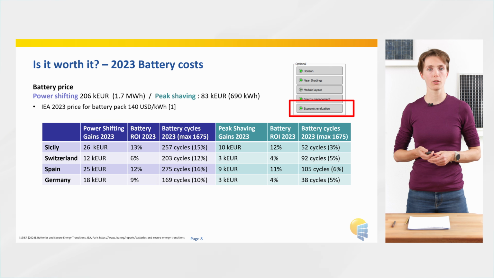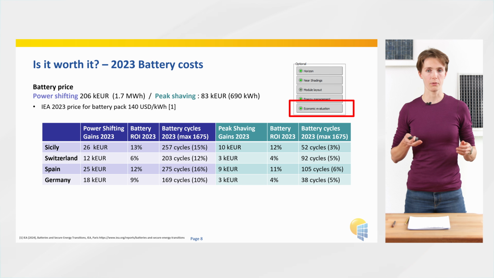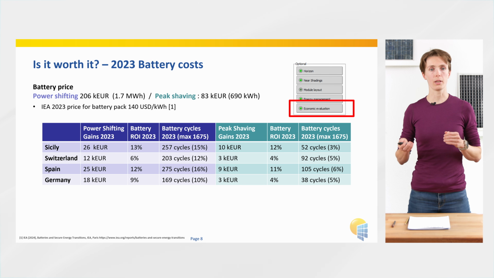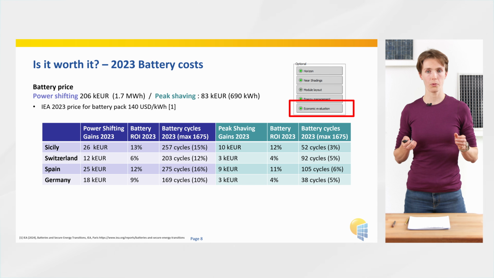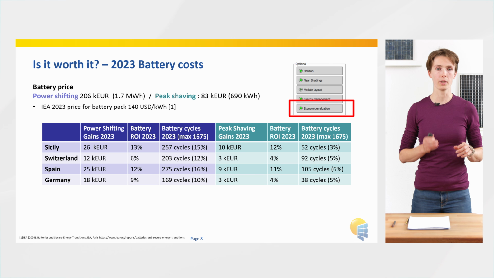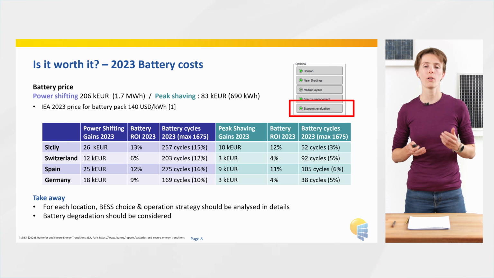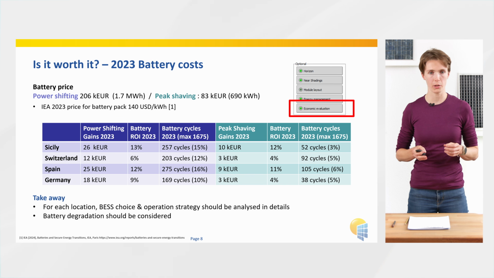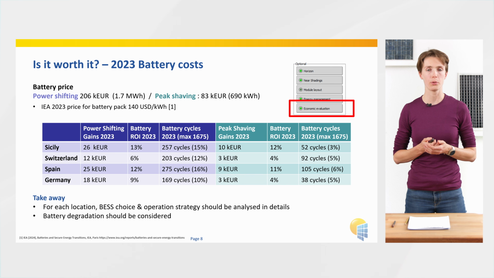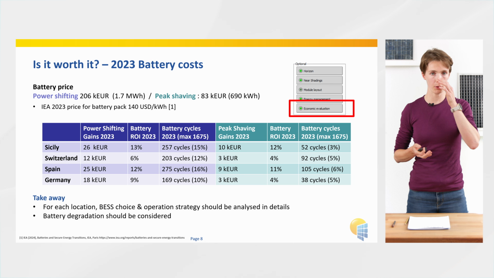But in some other locations, my system seems to be functioning great. That's the case especially for Sicily and Spain. The returns on investment are reasonably similar if I look at both scenarios, but the power shifting one seems slightly higher. However, there's one more piece of information I really need to look into before taking any decision.